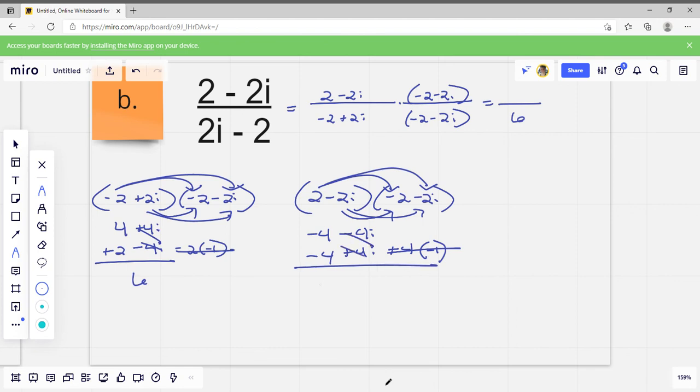Those cancel. We're going to get, that should be a 4 right there. That's where I messed up. Let's see. That would be 8, and then that would be negative 8. So this whole thing should equal negative 1. That's the answer to B.